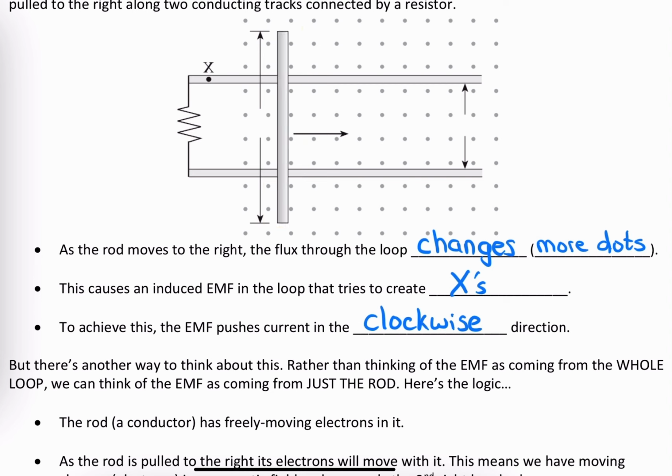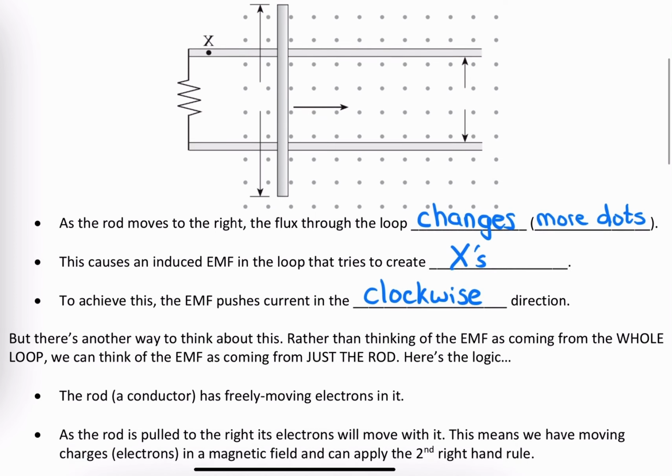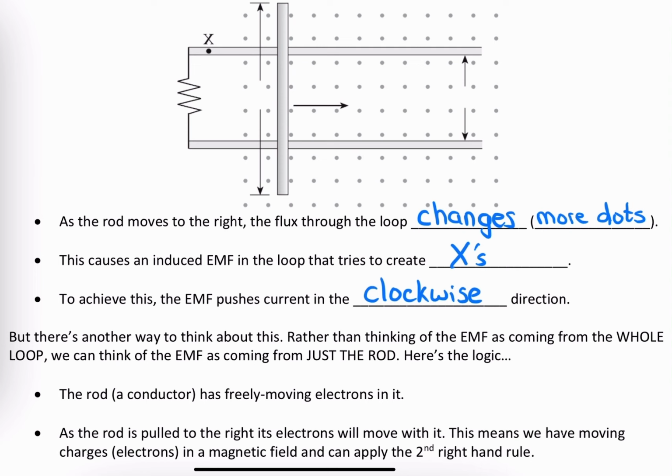So here's the logic. The rod, which is a conductor, has freely moving electrons in it. So we imagine lots and lots of electrons scattered throughout this whole rod, and they're free to move around. As the rod is pulled to the right, its electrons will move with it.